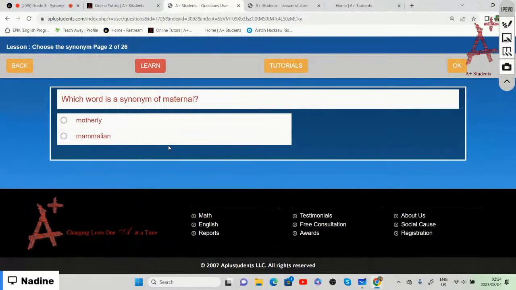Which word is a synonym of maternal? We see that maternal is to do with moms, right? So we can then say maternal is motherly.